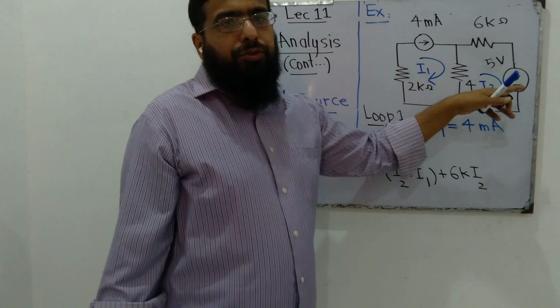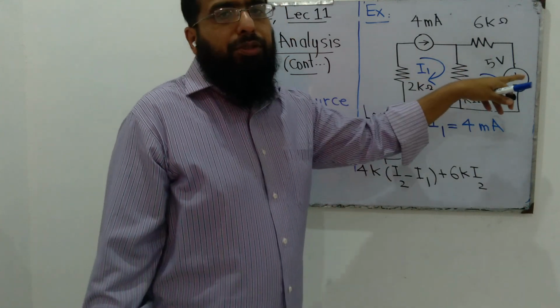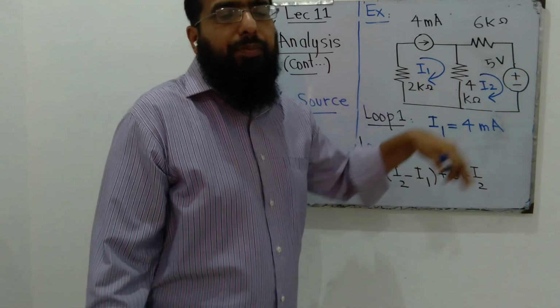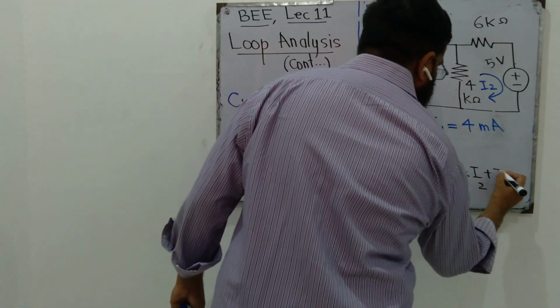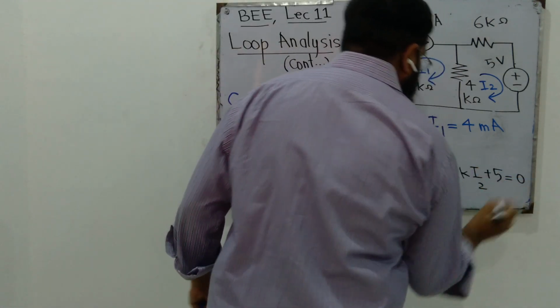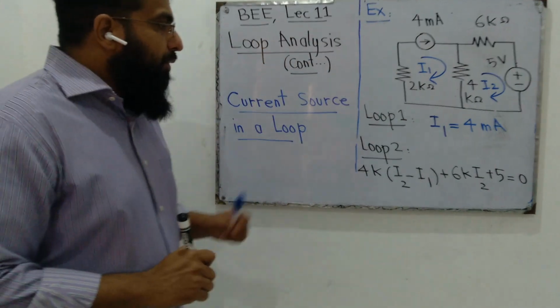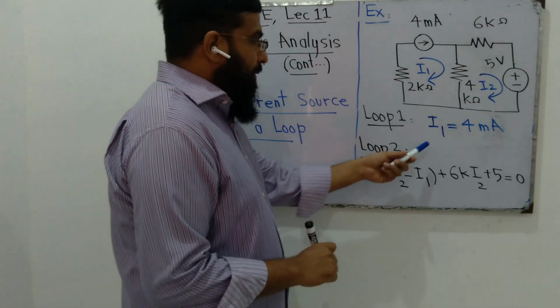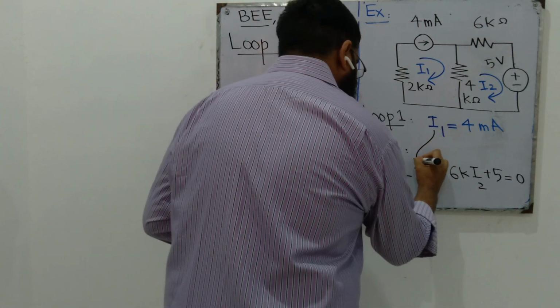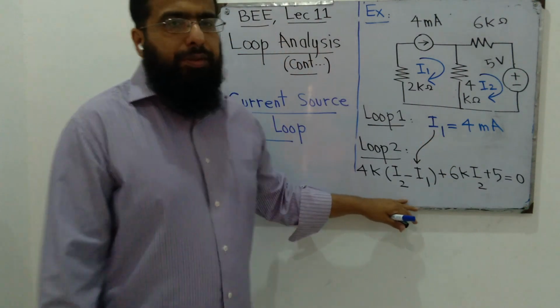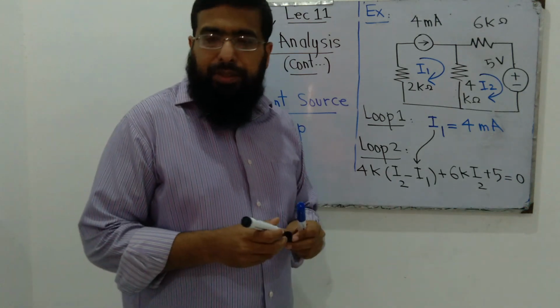And then this 5 volt source, since the current enters from the positive side of this source, it will be considered as a voltage drop, and we'll write it positive. Plus 5 is equal to 0. So we know I1. If we put I1 here, we'll have one equation and one variable that we can solve easily.